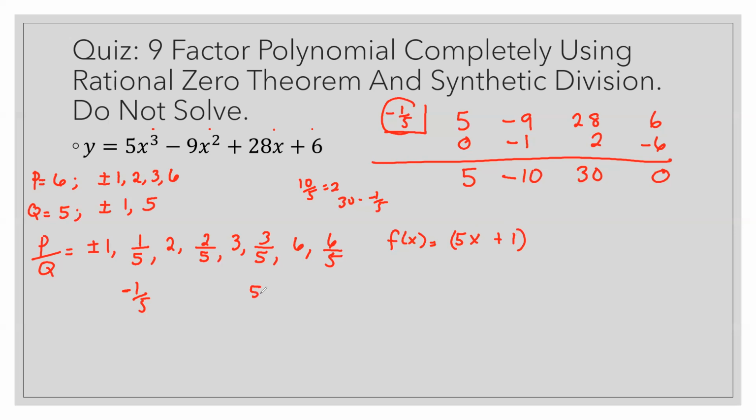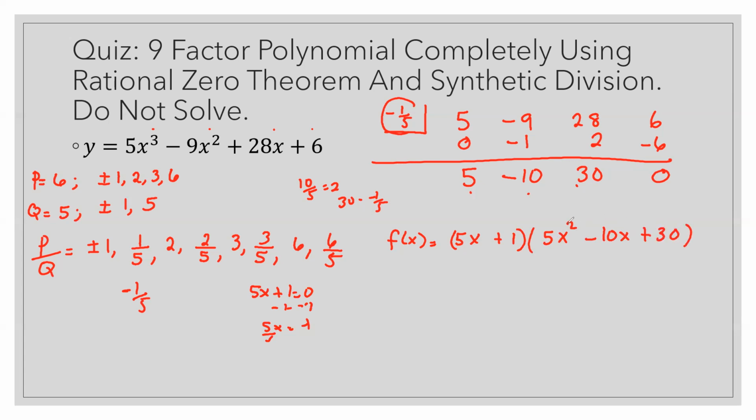Because if you set 5x plus 1 to 0, that will definitely give you -1/5. Okay, and then these numbers 5, -10, 30 are the coefficients of your new degree, so it's going to be 5x squared minus 10x plus 30.